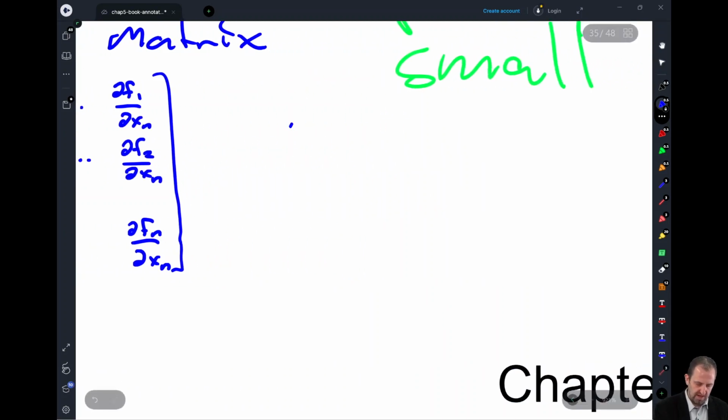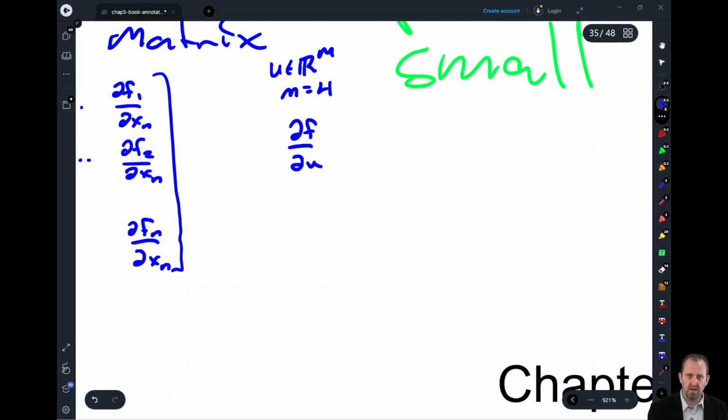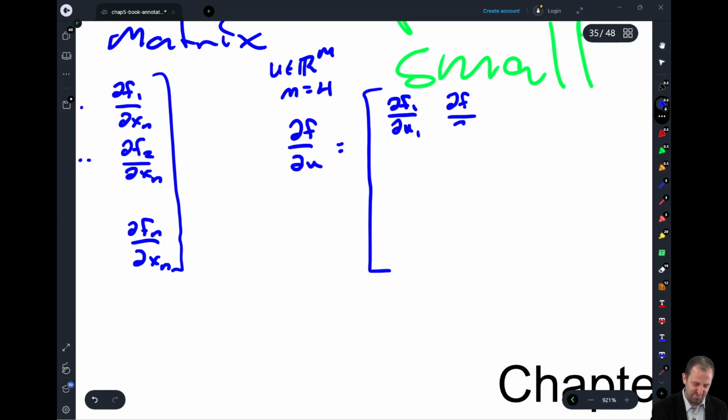Okay. We also have df du, where if we say that u is in R^m, in our case m is equal to 4, we have the 4 control inputs. Again, we're going to do f1, because that's our first row, with respect to u1, df1, du2, all the way to df1, dum.